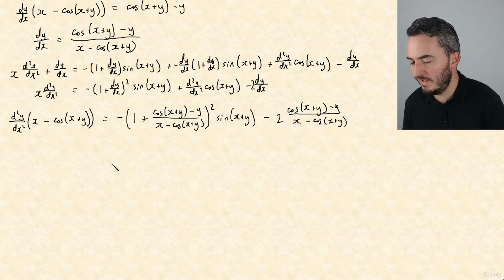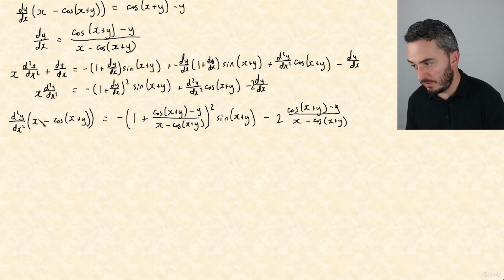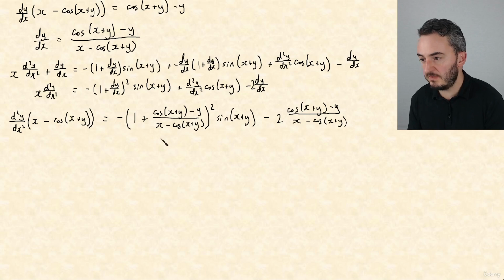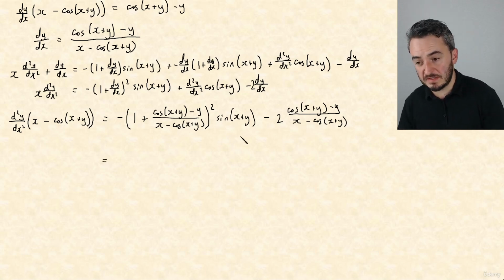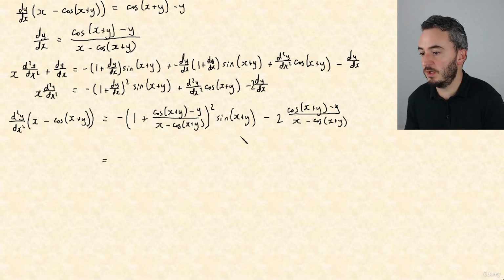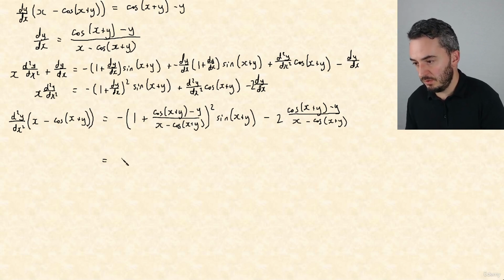Okay, time to do a bit of cleaning up now. My final step will be dividing by this, but just to clean it up a little bit, let's try to get this in a fractional form. I can see that the x minus cos(x+y) could be a common denominator. So we're going to have to get that as a fraction over here. So what do we have inside here? To get that as a common factor, it's going to be x minus cos(x+y) plus cos(x+y).